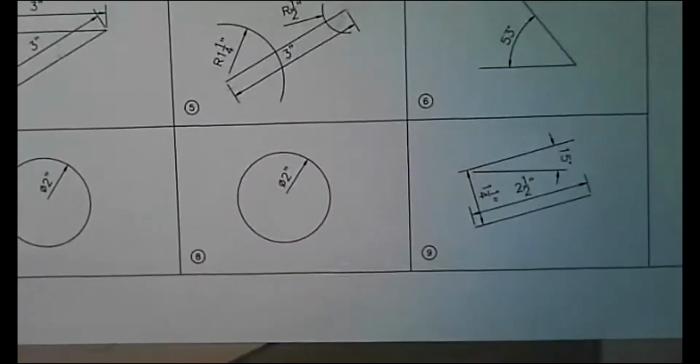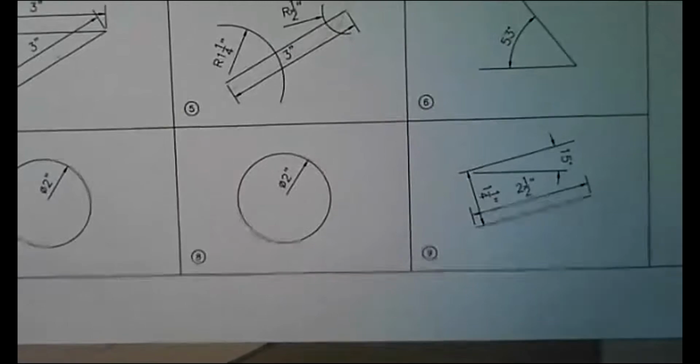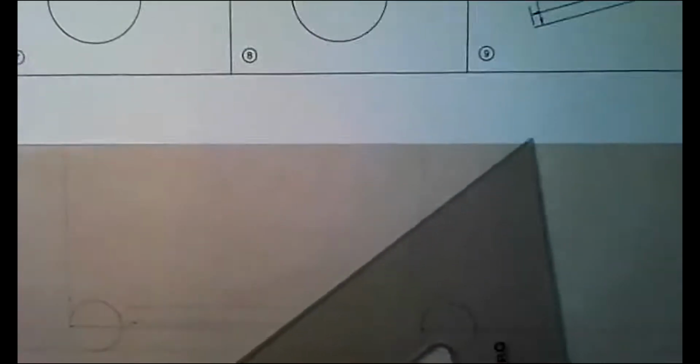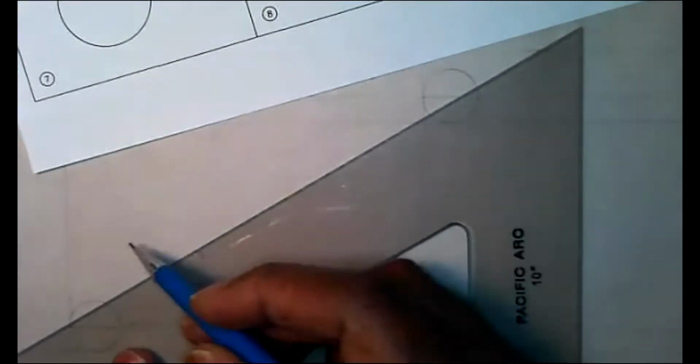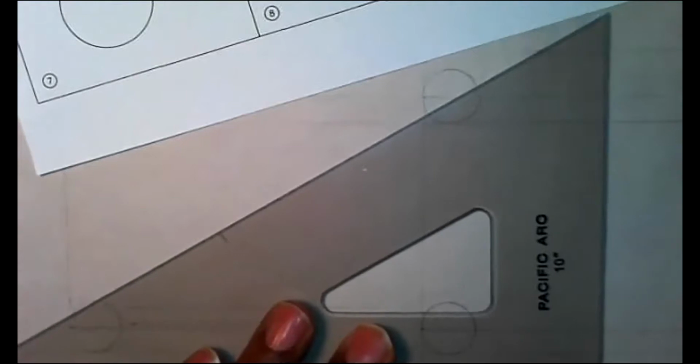I'm going to play around with it a little bit here, see where I want to put it. I think I can put it somewhere in this location.